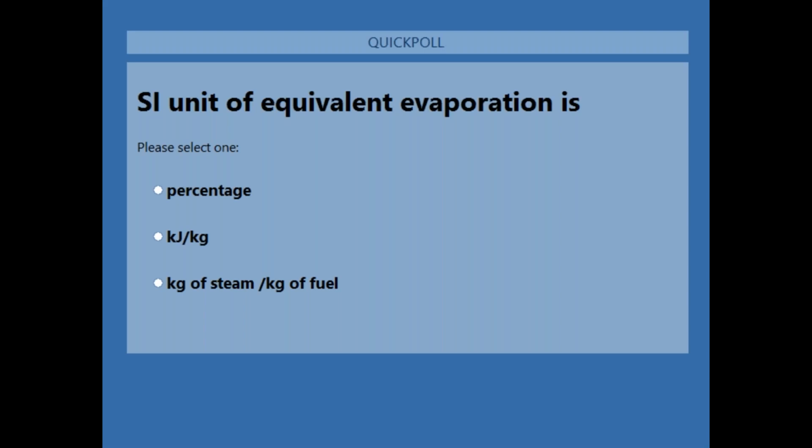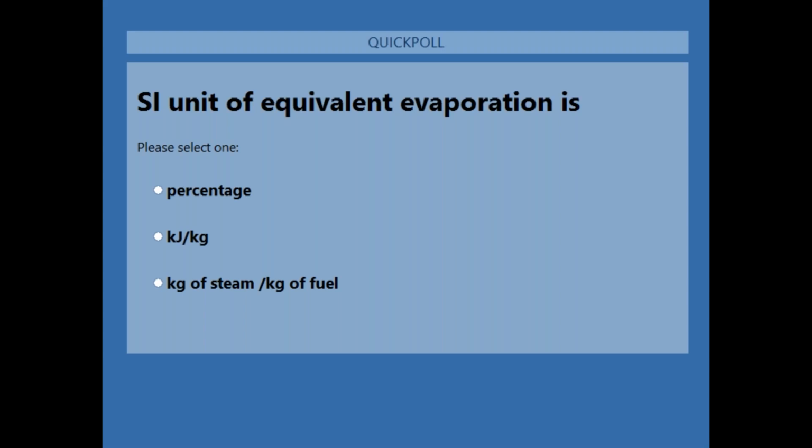About 11% are saying that it is percentage, and 40% are of the opinion that it is kgs of steam per kg of fuel. So the correct answer is, let me shut down this poll and give you the answer. The correct answer is the last answer, which is kgs of steam per kg of fuel.